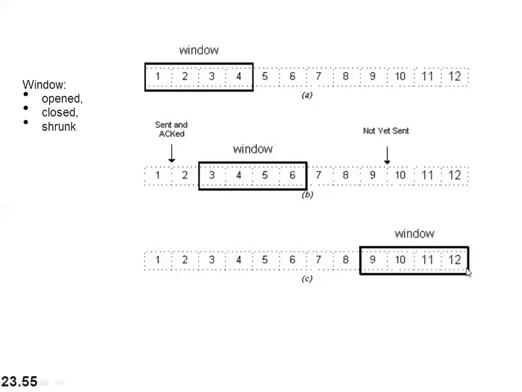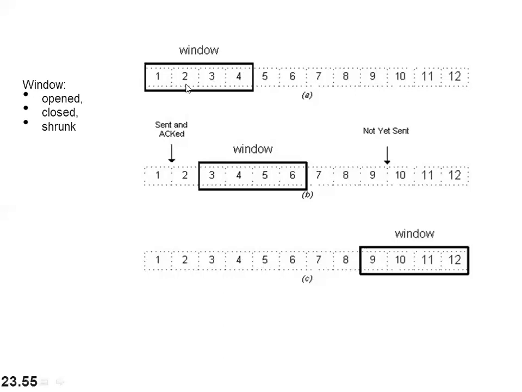Now the important point that we need to see here is the window is going to have two walls, one in the left side, one in the right side. This wall is called left wall and this is called right wall. And in case of TCP, this window is of variable size. For example, now the size of the window is 4. It can increase or it can decrease also.